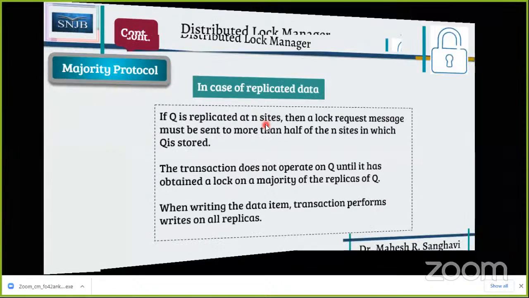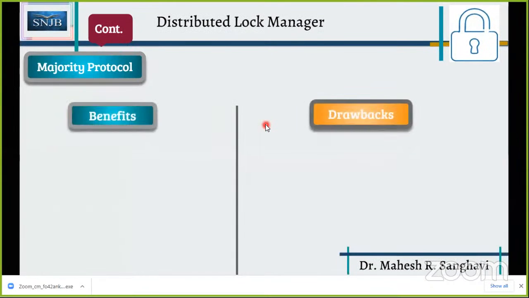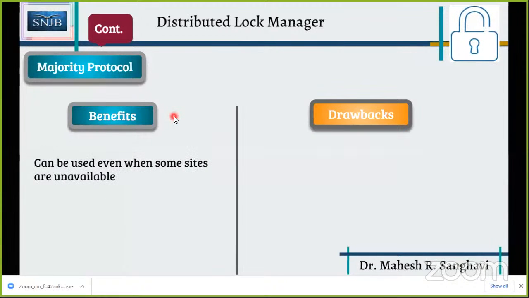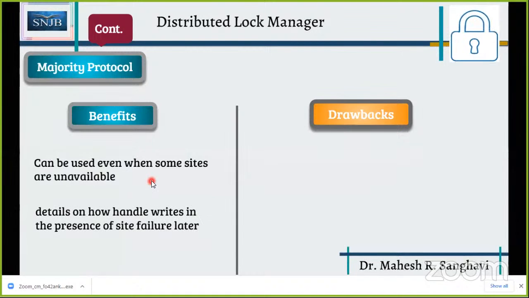Now, the benefits and drawbacks of the majority protocol: the benefit is that it can be used even when some sites are unavailable, because availability is higher here. We are talking about n/2, so even if half the sites are down, 50% of sites are not working or there is a failure, it will still work. That is the beauty.